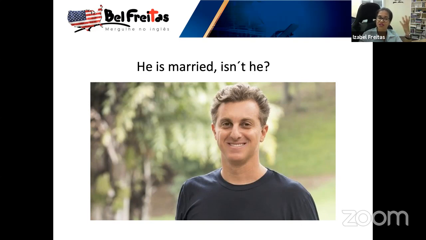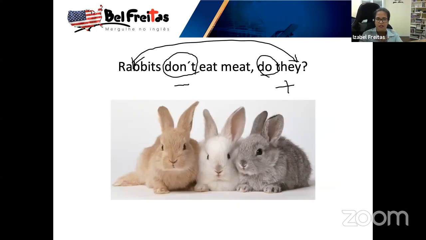Now let's understand how it is formed. Look at that. We have do they. Do they is the tag question, right? So why do they? Because do refers to the first part, which is present, and it's negative. In the first part, we have a negative sentence, don't.